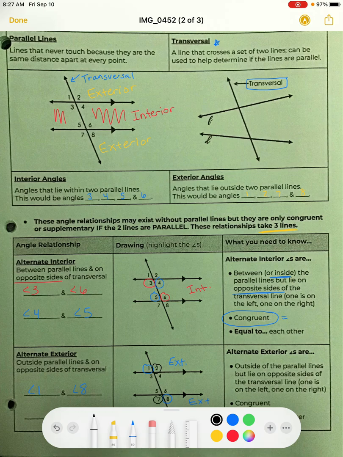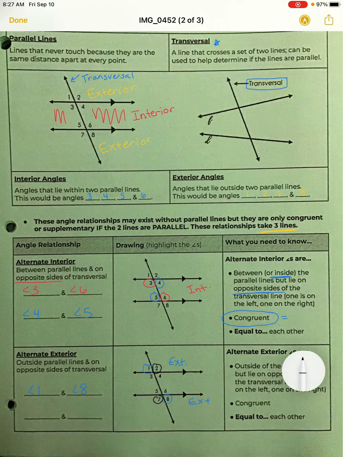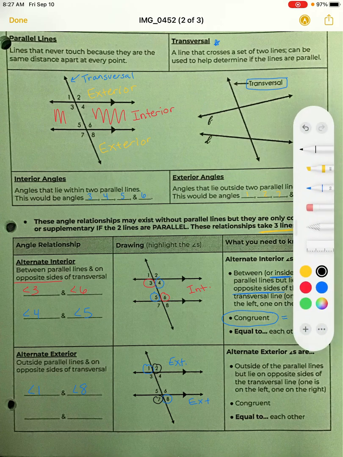Another pair could be 2 and 7. So we have outside the parallel lines and on opposite sides. They are also congruent, which means equal to each other.